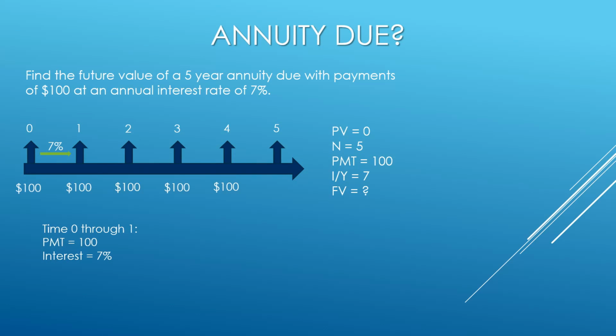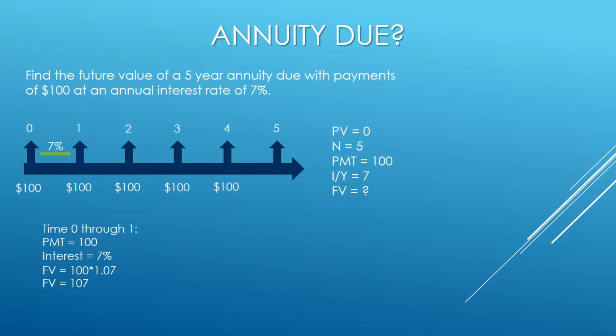To find the future value, we take our payment of $100, made on January 1st this time, and then multiply it by the 7% interest earned afterwards. This time, the value of the account is worth $107 at t equals 1 instead of $100 from the previous example. Very similar, except you earn interest on the amount you started with along with your payment for the year, since the payment is made on the first day of the year.